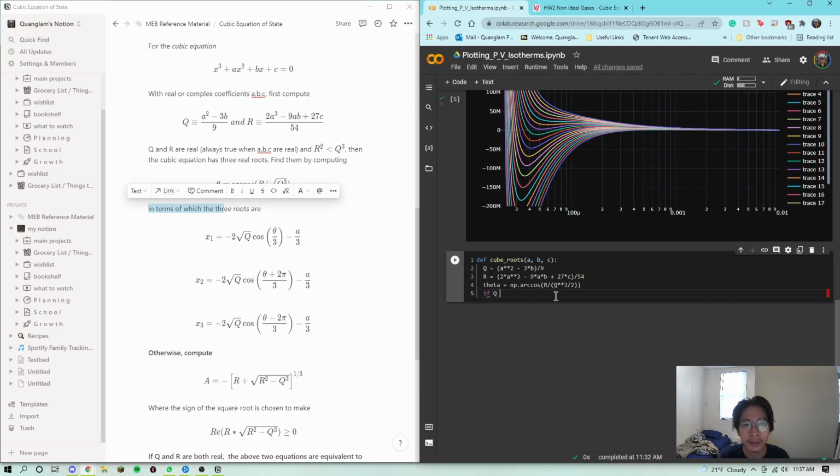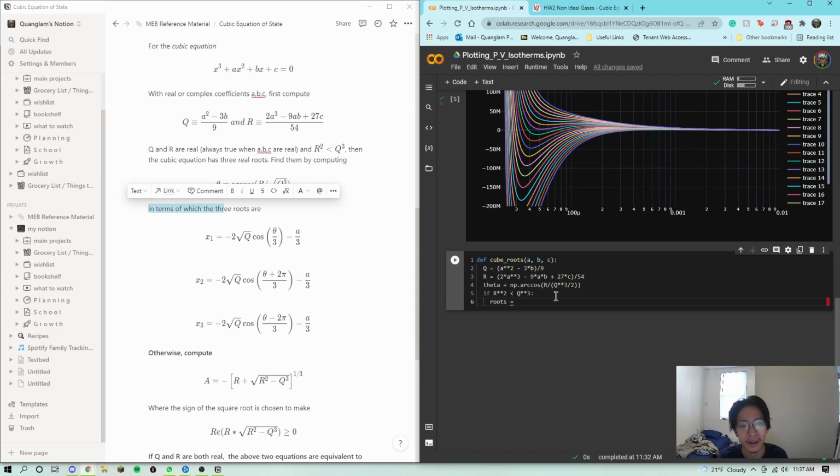So if R squared is less than Q cubed, then roots equals, or actually at this point we can just return. Or let me think. Let's not do that.